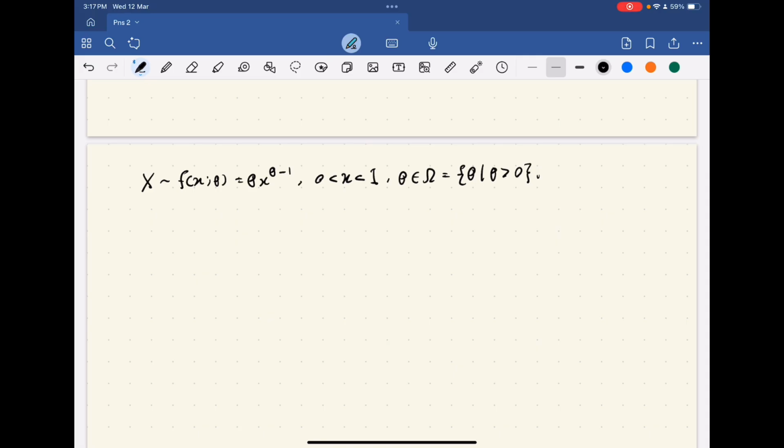So we will have this thing. As usual, we would take the log of f(x), and we will have log theta plus theta minus 1 times log x, and then the derivative with respect to theta would be 1 over theta plus log of x.